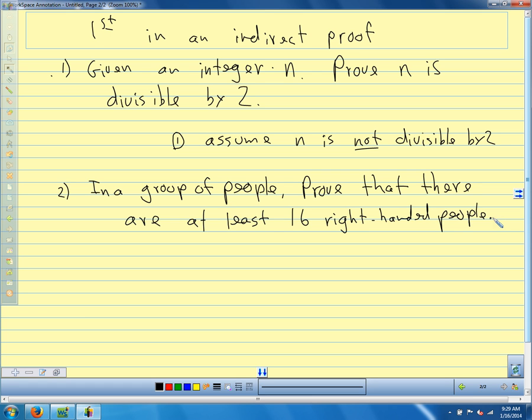So this one we need just a little more work. So we want to prove that there are at least 16 right-handed people.